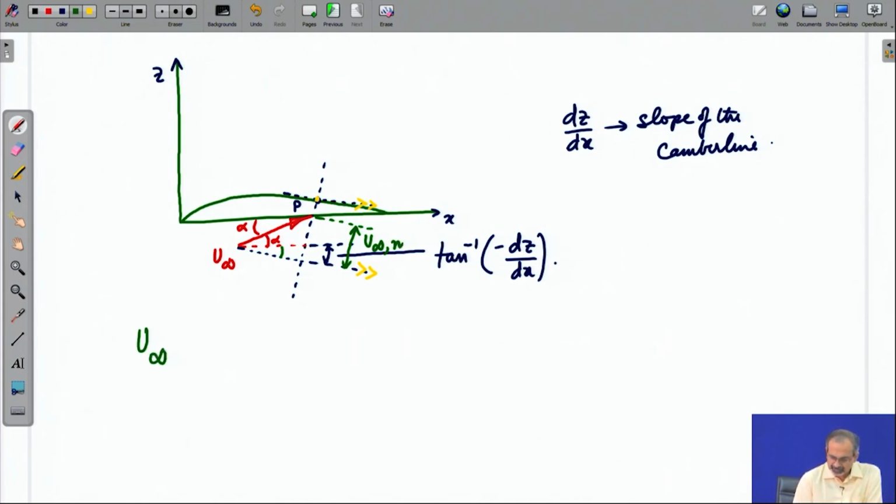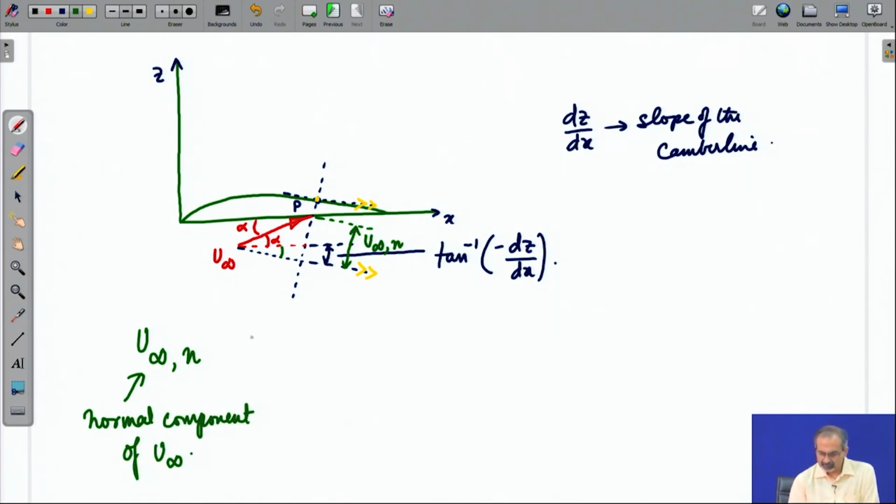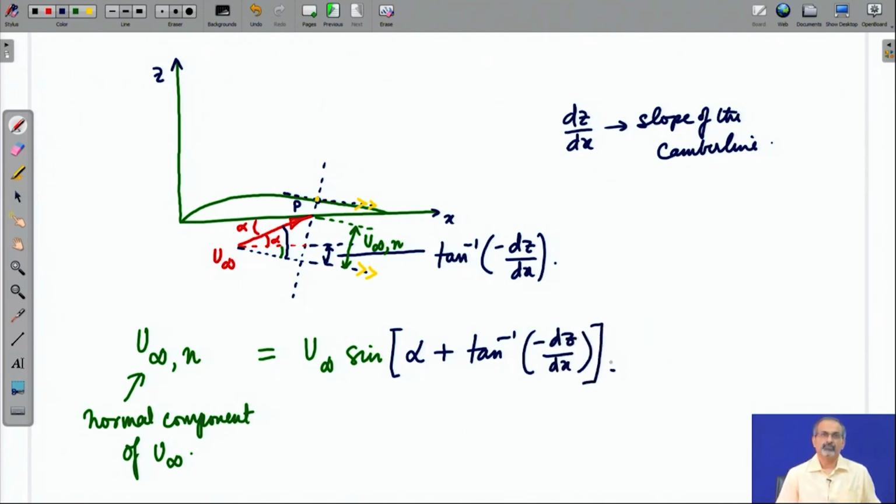So, u infinity n, that means normal component of u infinity at that point P, would be given by u infinity sine of this entire angle, which means sine of alpha plus tan inverse minus dz dx. So, we have found out the normal component of u infinity.